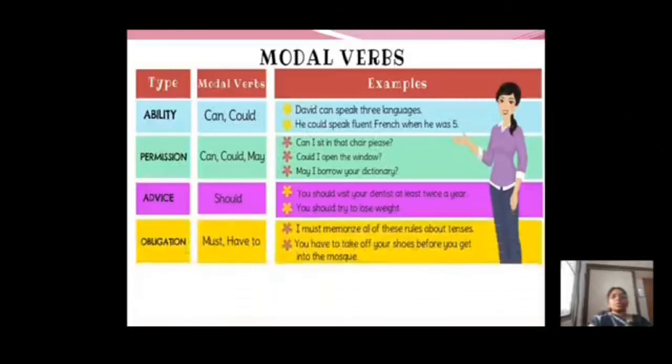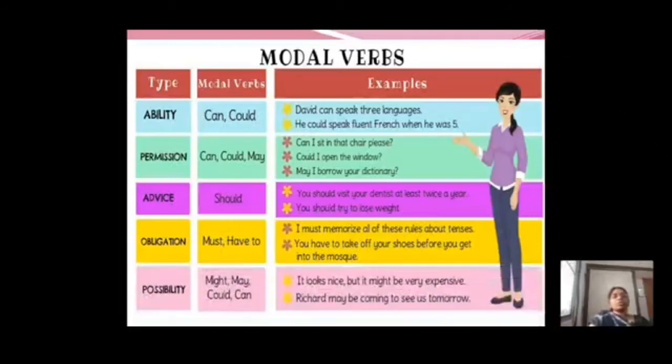Next comes obligation. Obligation, must and have to. I must memorize all of these rules about tenses. You have to take off your shoes before you get into the mosque. So obligations are rules and regulations to be followed.